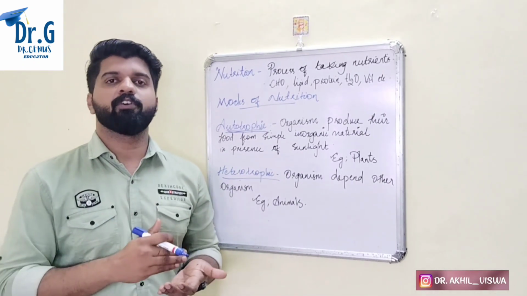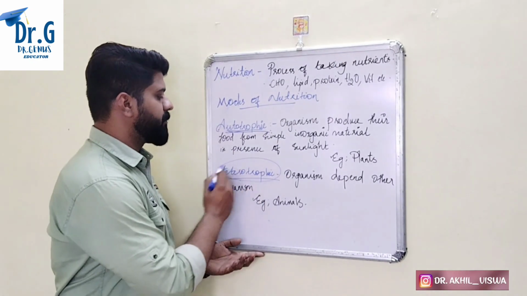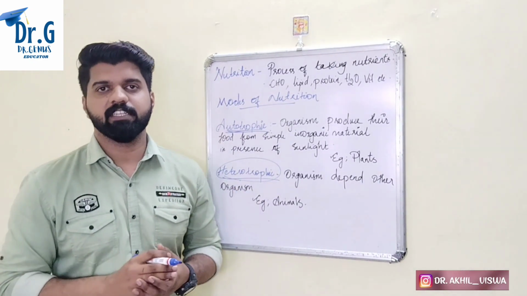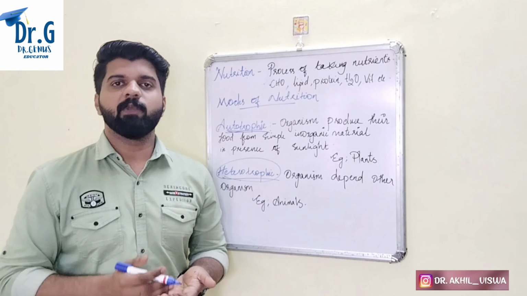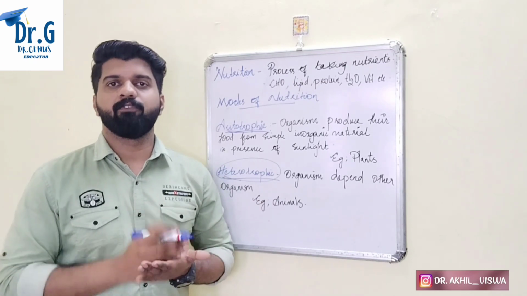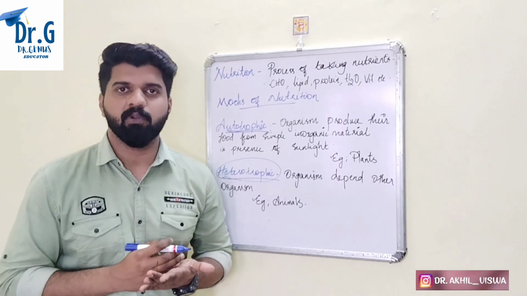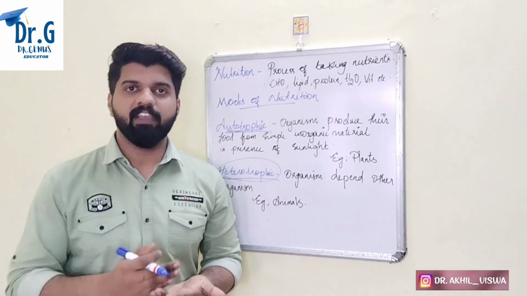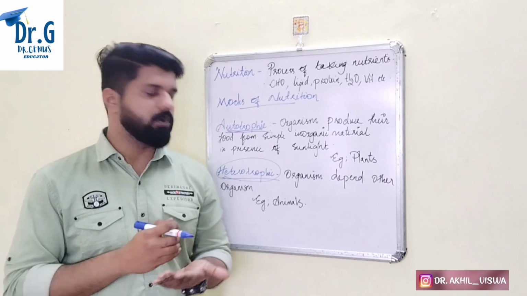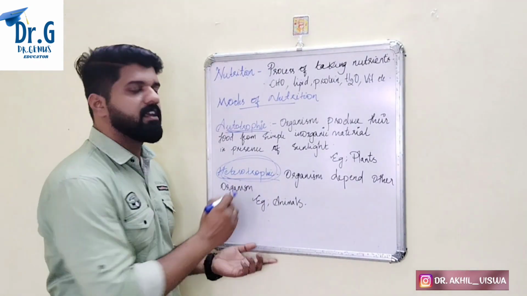The next mode of nutrition is called heterotrophic nutrition. So what do you mean by heterotrophic nutrition? Here the organisms depend on other organisms for nutrients. Such organisms are said to have heterotrophic nutrition.